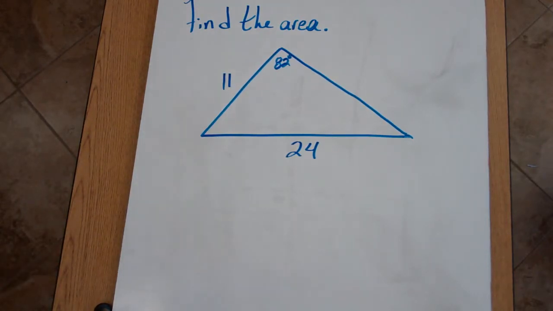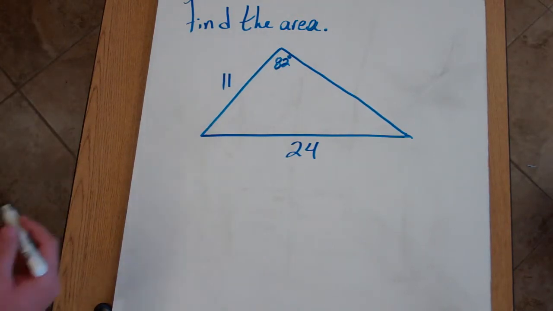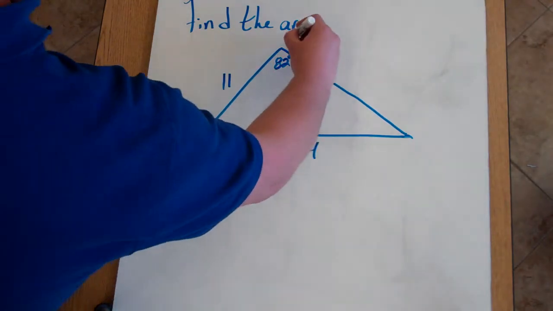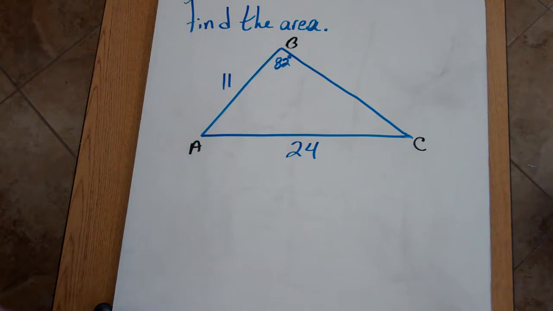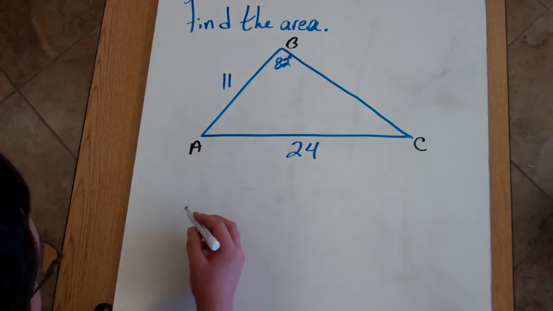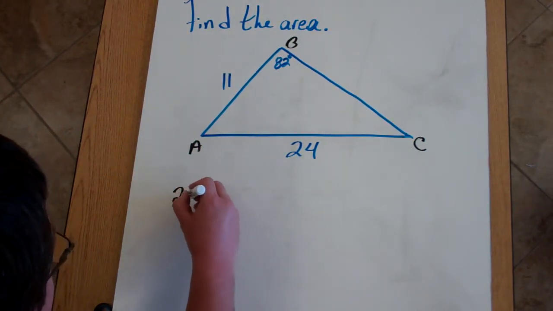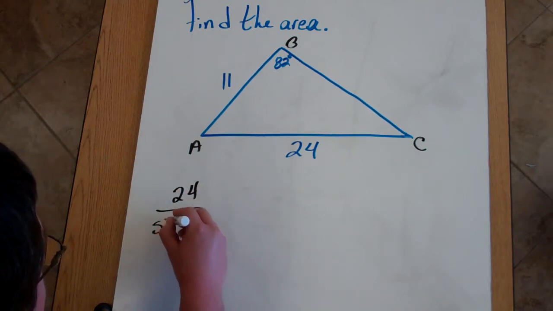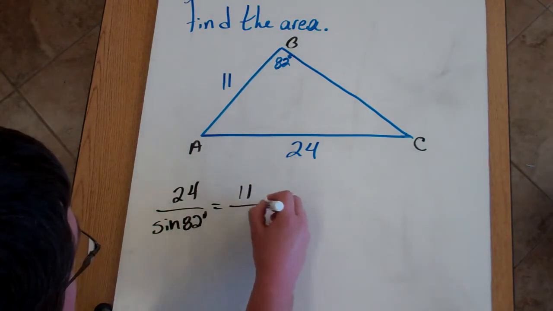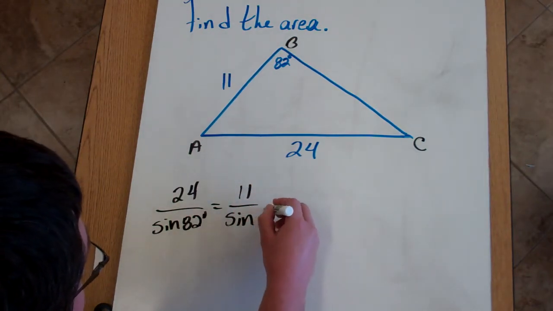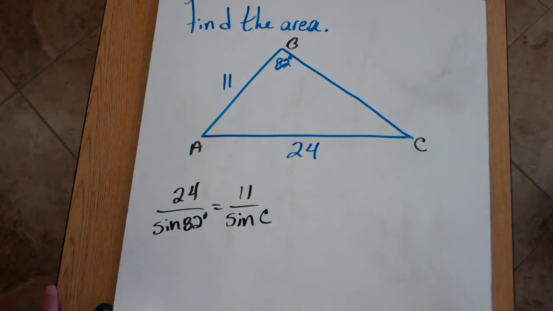So now, to start with, we have to set this up to find this angle right here. All right? I'm going to label these A, B, and C. So we're going to be solving for angle C. So what we have to do is, remember, we've got to do 24 over the sine of 82 degrees equals 11 over the sine of C. All right?